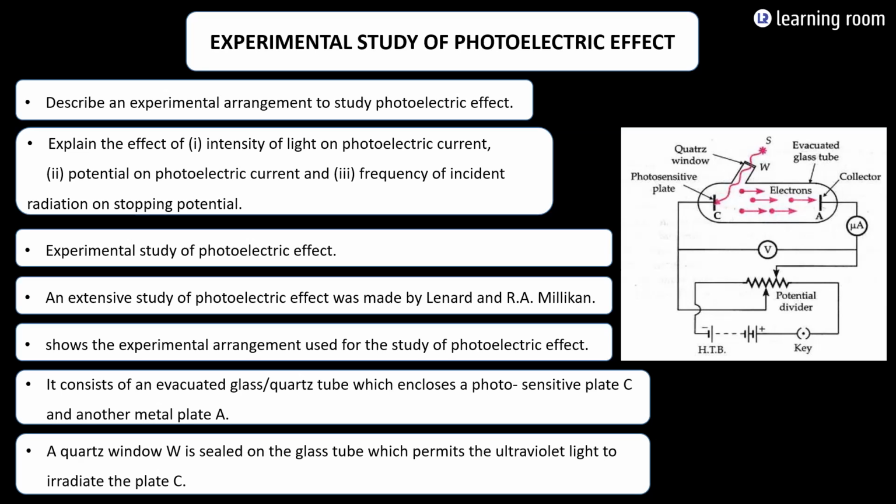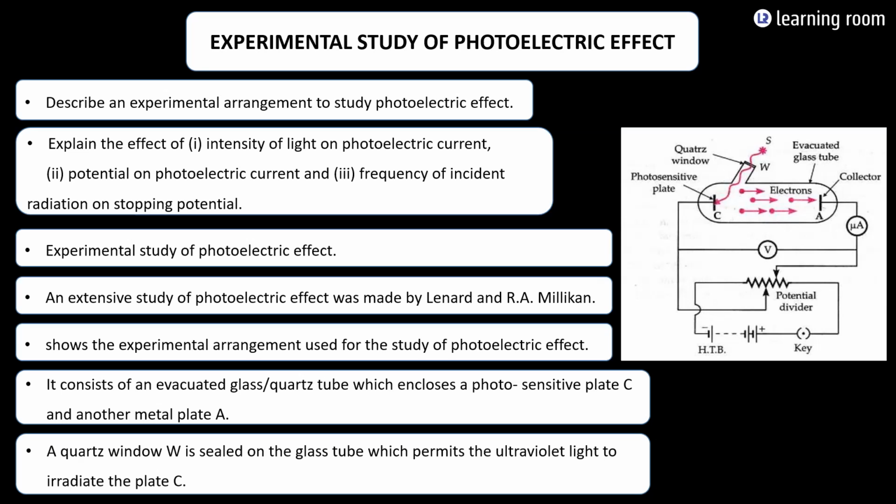Why is it so? I'll explain it. So in this evacuated glass chamber, there are two plates, C and A. And C and A are connected in turn to two other devices. One is a microammeter and the second is a voltmeter. That is mainly to measure the potential difference existing between the collector plate and the emitter plate.